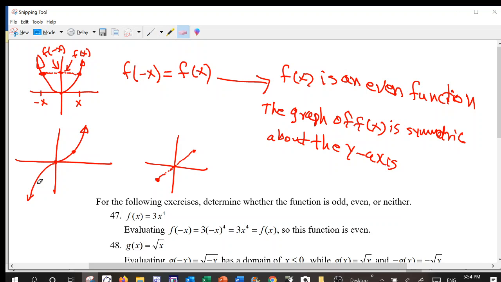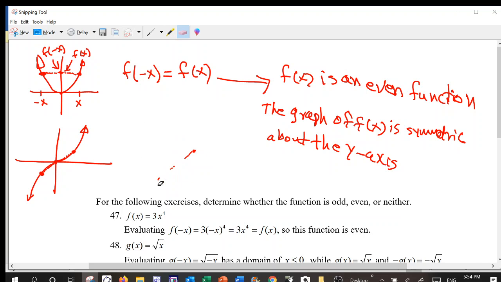Like in this case, if I connect to the origin and go the same distance right here, I'll find another point on the graph. So for every point you can do this. If this is true, we say that f of x is an odd function.